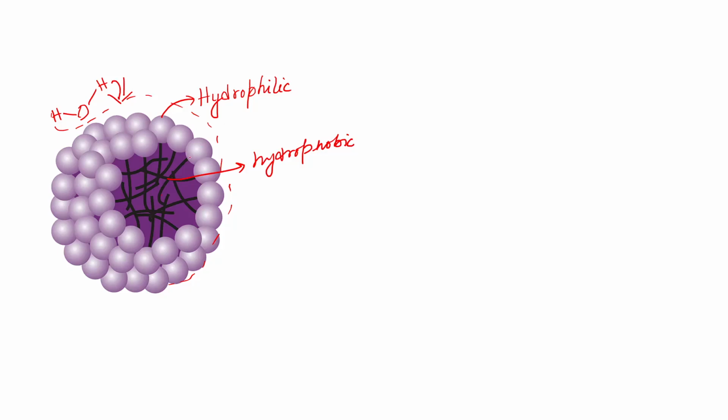When this micelle forms, it depends on the type of surfactant. In general, there is a specific concentration for a surfactant known as the critical micelle concentration, in short form written as CMC.